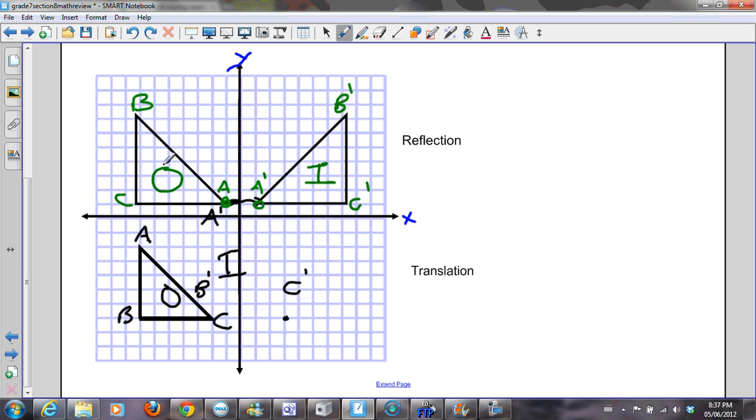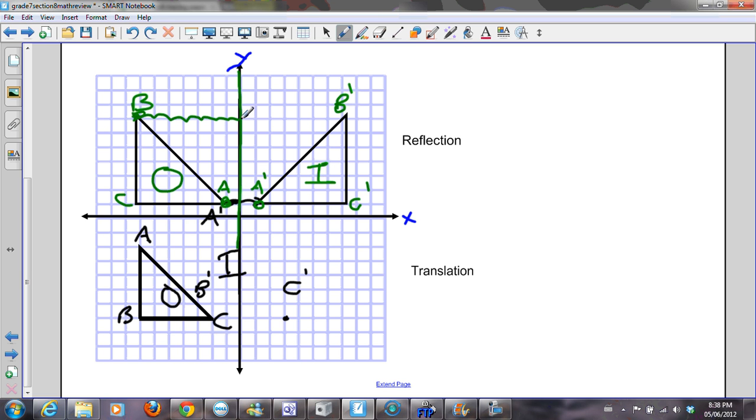So whenever you're doing it, just look for the line that is your mirror line, and then look at your original, and when you're plotting your points, pick 1 point at a time. So I'm going to pick this point here, B, and I'm going to count how many blocks away it is from the mirror line. So I'll go 1, 2, 3, 4, 5, 6, 7 blocks away to the left.